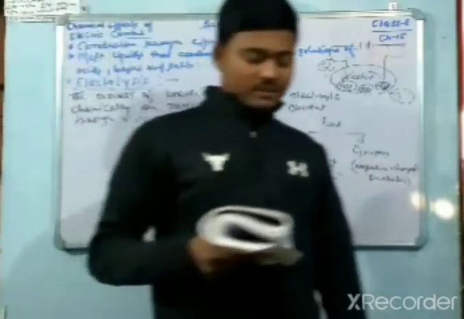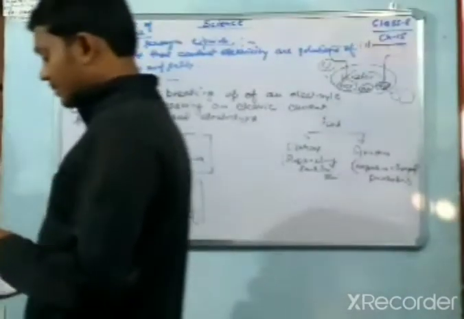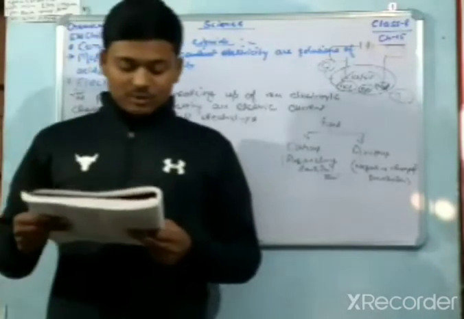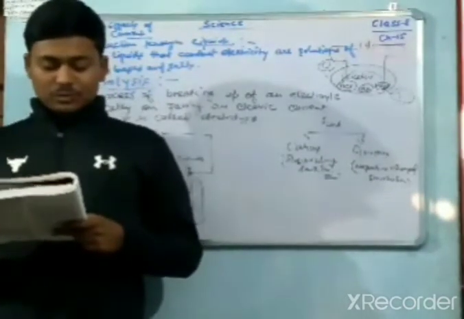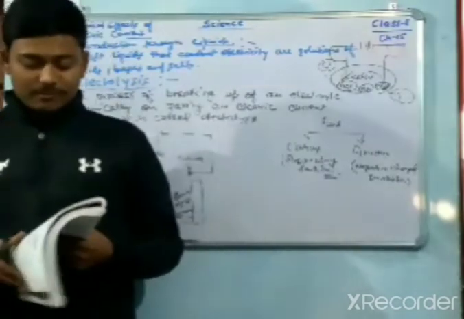Obviously it is done by the process of electrolysis, to change the cover with the help of this process. Electrolysis has a number of applications, and the most important of these is electroplating, the coating of a thin layer of metal.